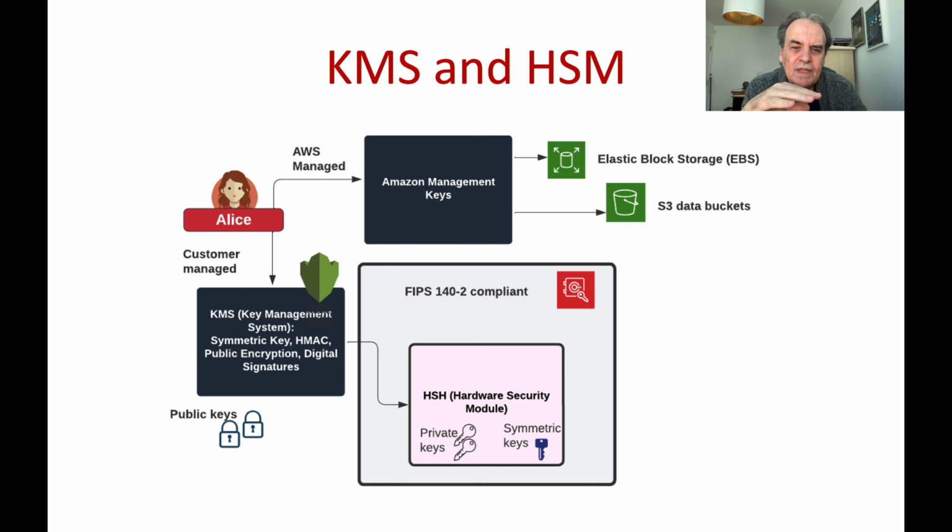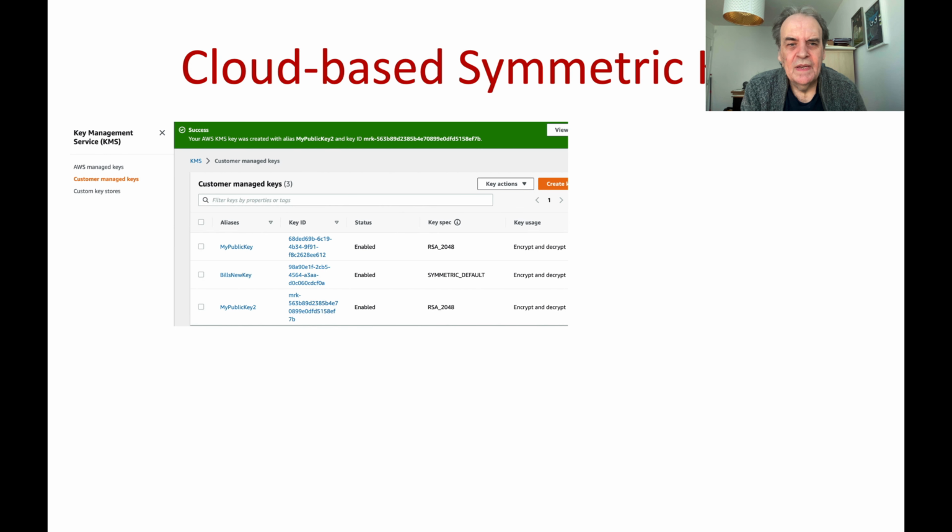It has been audited so that it's not possible to get access, even Amazon, to that chip and to be able to look at the keys that are in there. Okay, so when we use this, the keys are actually stored in this HSM, and we can expose the more public elements that we have within our KMS.